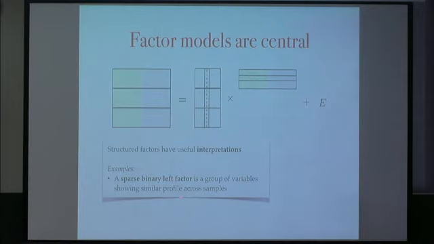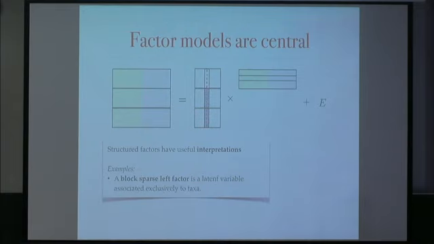One way to interpret this is that the variables that have ones define a cluster of species or genes that somehow have a common pattern of variation across the samples. So this makes the interpretation of the group of ones relatively natural.